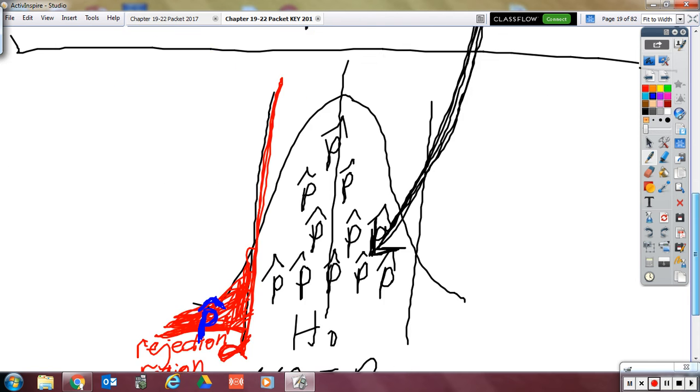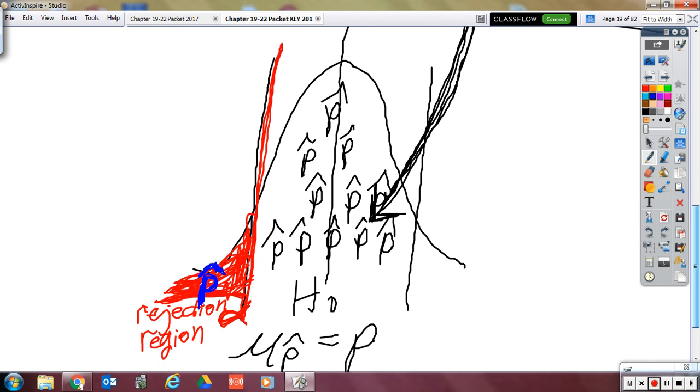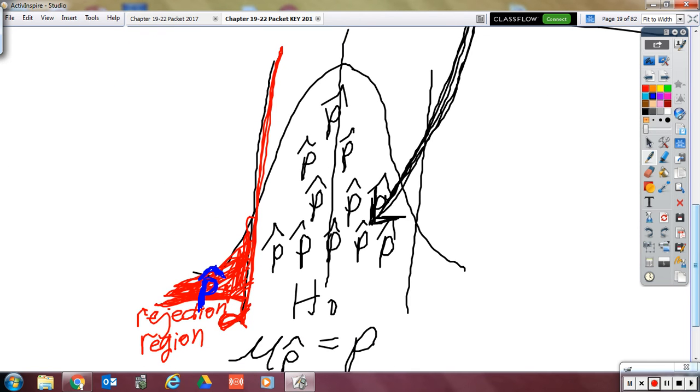All right, let's do our picture down here. Let's draw our p-value down here. Our sample is in the rejection region. So here is our p, and the p-value is the probability of getting this sample or something more extreme if the null is true. So there's our p-value.